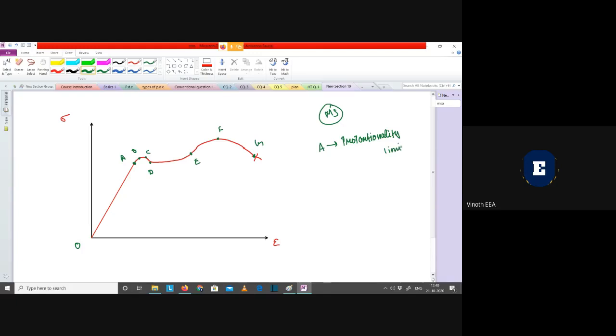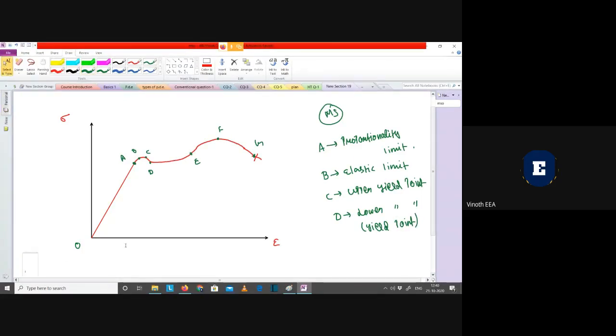This point B is called the elastic limit, and this point C is called the upper yield point. Point D is called the lower yield point, or most commonly we refer to this as the yield point. We won't refer to the upper yield point as the yield point. The lower yield point we will generally call the yield point.